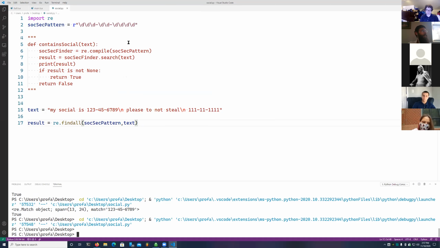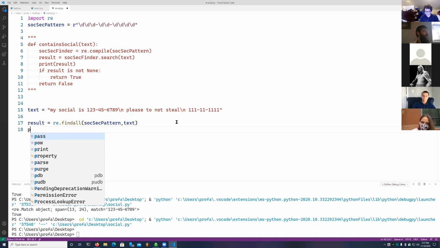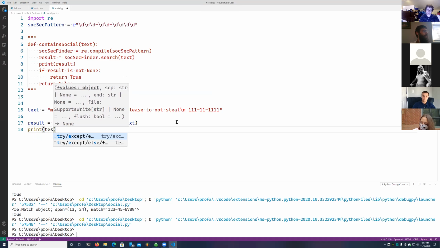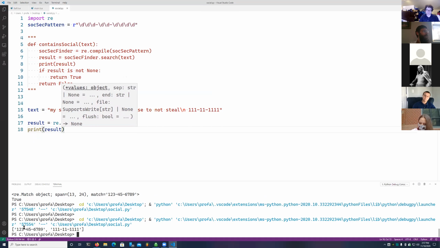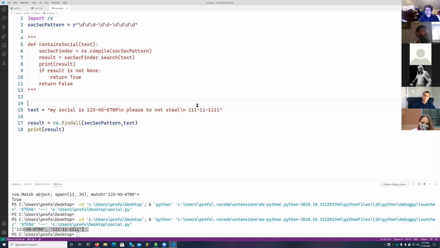Now let's see this one. This one does what you would love it to do. Every library uses this a bit differently, but notice it gives you a list with all of the social security numbers back.